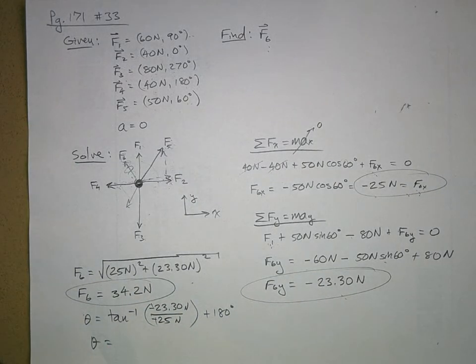So, second function for tangent, 23.3 divided by 25, should be just under 45 degrees, and I get 42.98. How did I know it was just under 45?